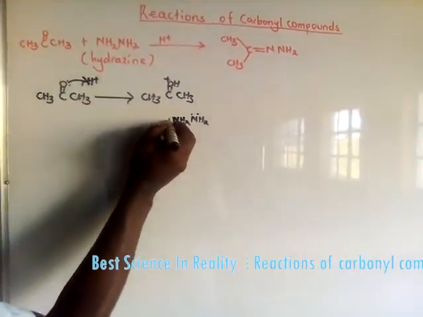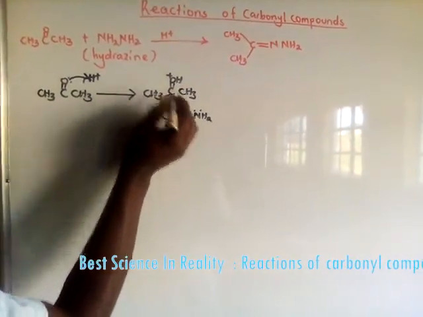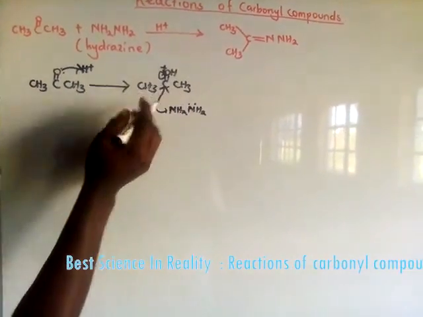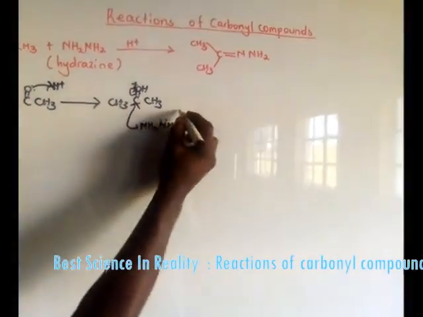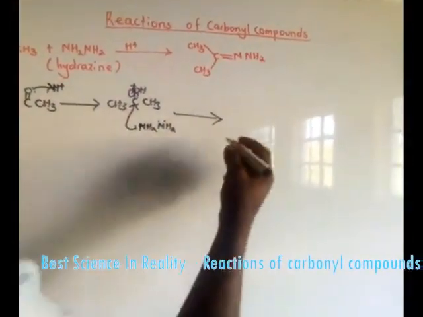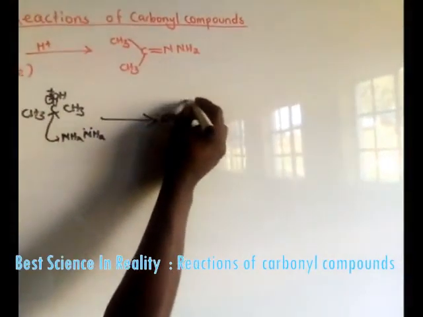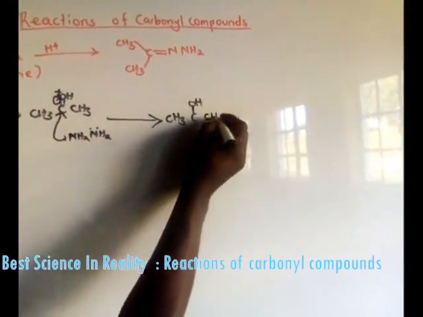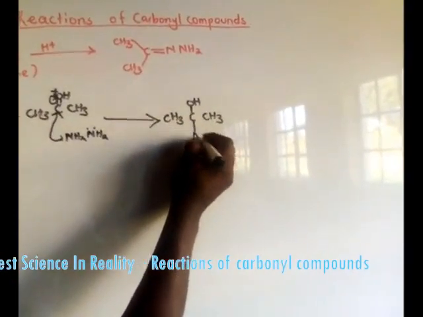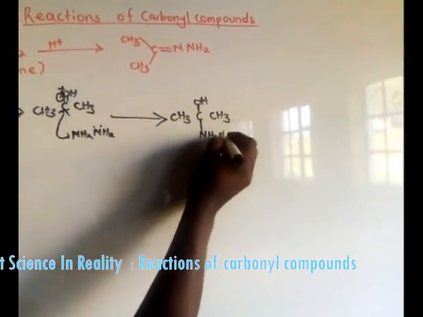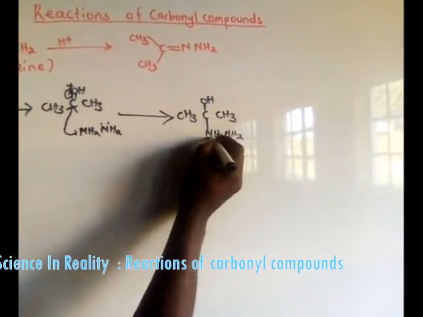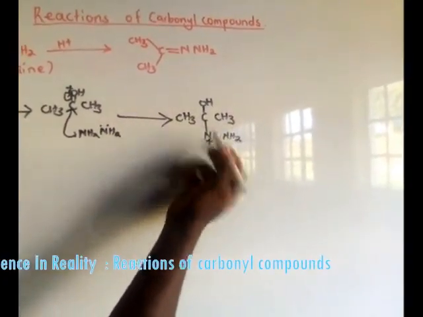So if I decide to use this, it's going to donate electrons to this carbon, and this carbon, since we are having excess bonds, one is going to break off, and we shall get C3. See, this is going to become OH, CH3 like that, and this is going to be NH2, and this is going to have a plus because we are having excess bonds.